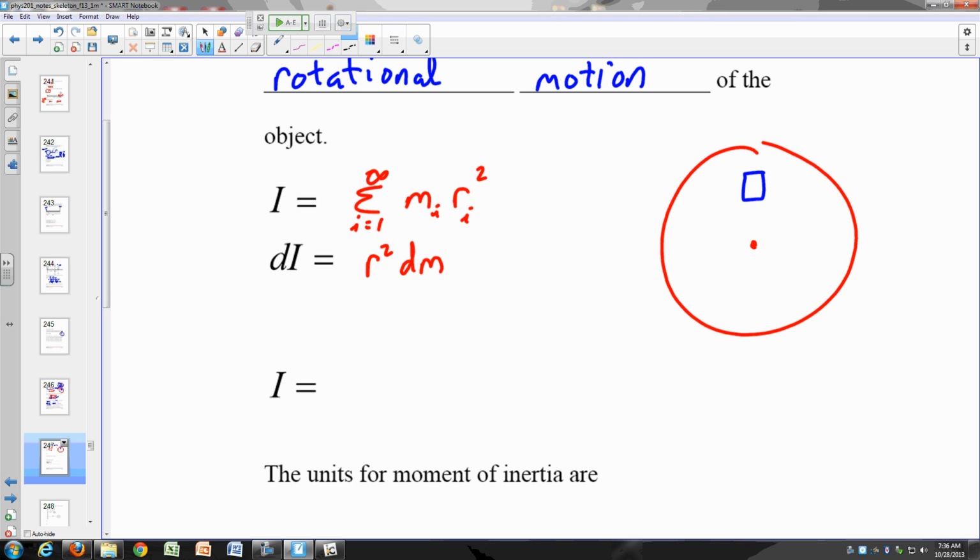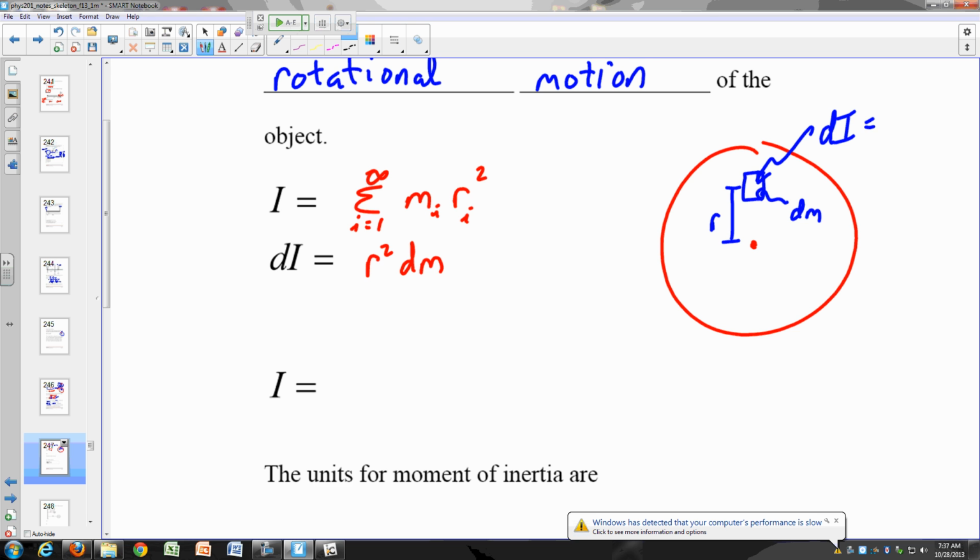If I want to know the moment of inertia of that differential element, I'm going to call it dI, because it's not the moment of inertia of the whole body, it's just the moment of inertia of that little bitty piece within the body. It has a certain radius, r, and a certain mass, not the mass of the whole disk, but just the mass of that little differential element.